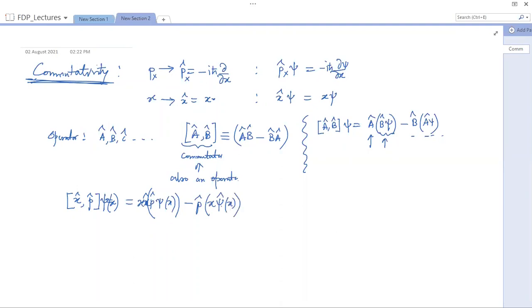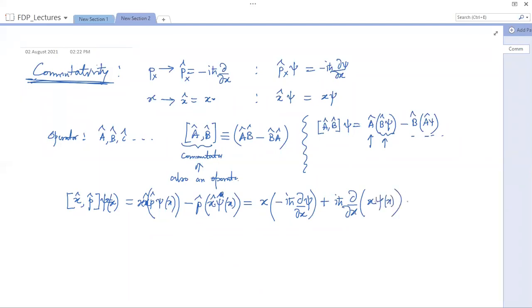Now x acting on psi is just scalar multiplication. So I know that this is x times minus i h bar d/dx acting on psi, and this is minus, so plus i h bar d/dx acting on the entire thing, which is x times psi. x acting on psi is just x multiplied by psi of x.